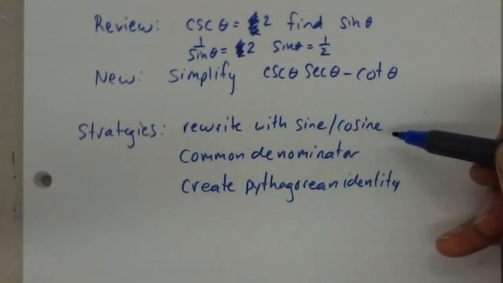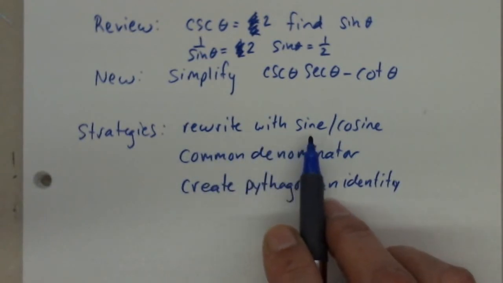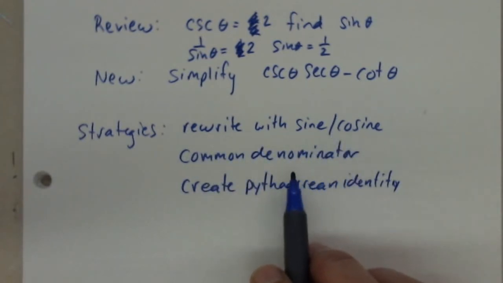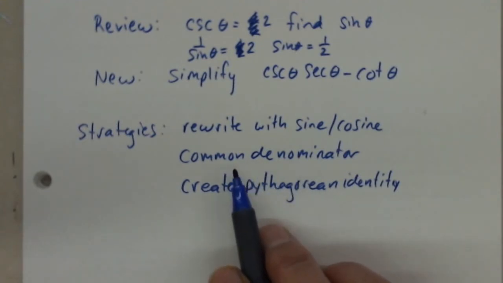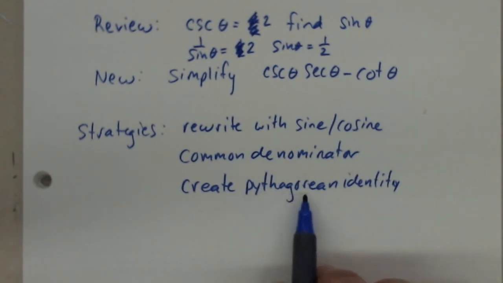Again, when we're dealing with trig identities, sometimes you just try something to see if it works, and if it doesn't, you try something else. So we can rewrite all the trig functions as sine or cosine. If we're dealing with rational expressions, we can make sure we get a common denominator, and sometimes we can create a Pythagorean identity.